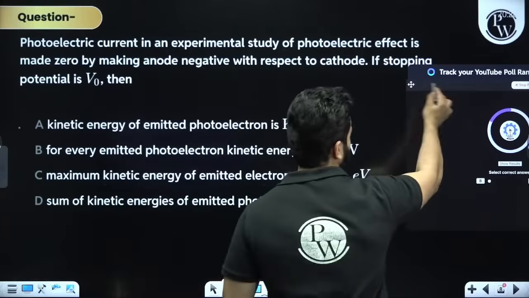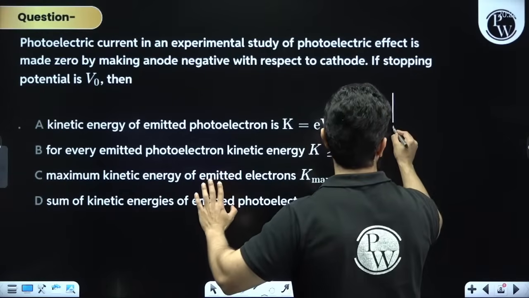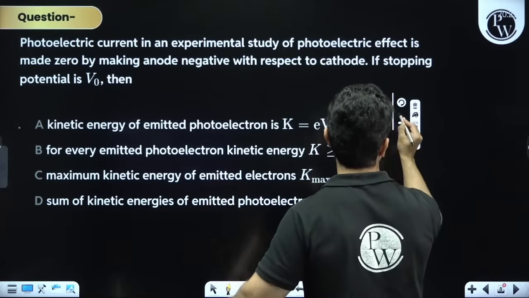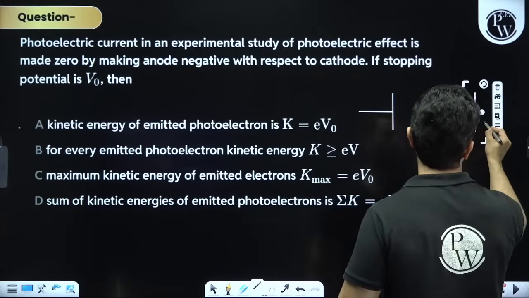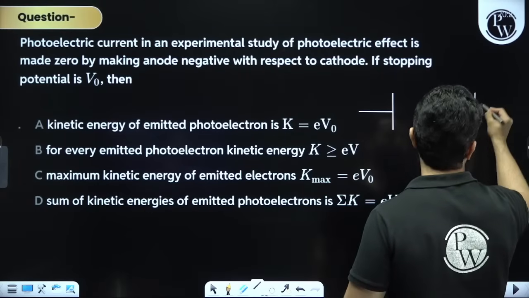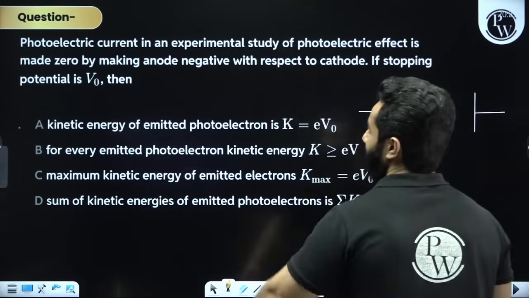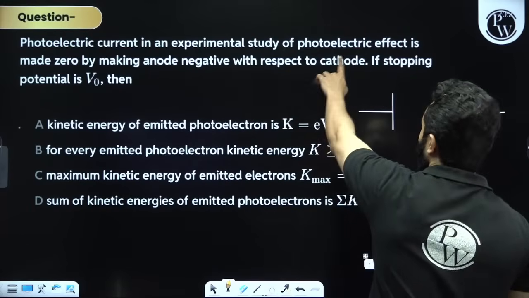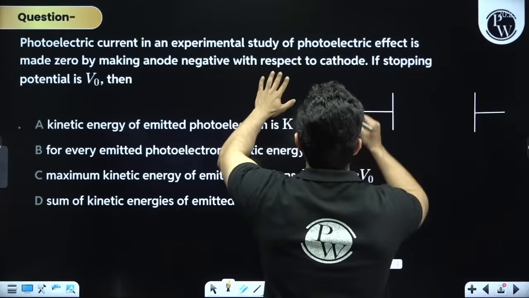Let me explain this to you. Please see what they are saying. Let's suppose this is a target metal, and over here we have got another electrode. Now what they are saying is that photoelectric current in an experiment of photoelectric effect is made 0 by making anode negative with respect to the cathode.